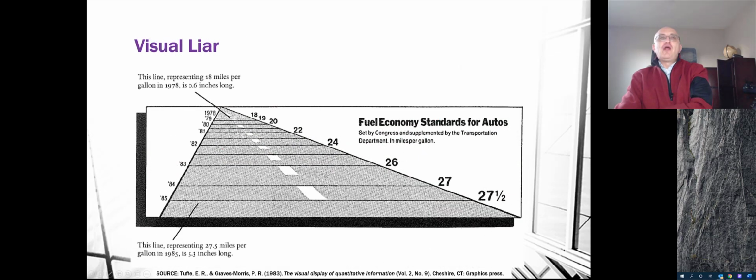Here's another lie, and this really comes down to fuel economy. Here are the years, and here is the fuel mileage, the average fuel efficiency for cars. Notice how this line is at a greater angle, so it makes this fuel efficiency look much bigger than, like, 18.